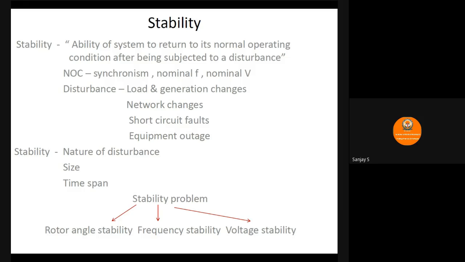They all must be running under common speed. So this is referred to as normal operating condition, that is nominal frequency, nominal voltage, and then synchronism.